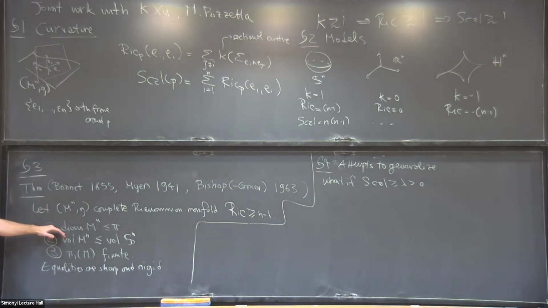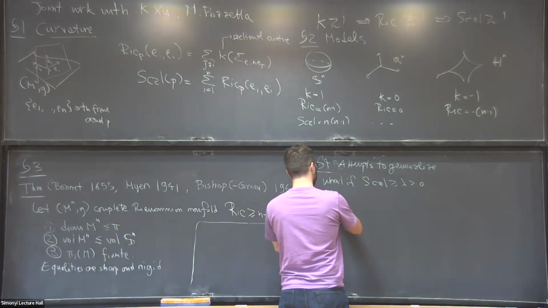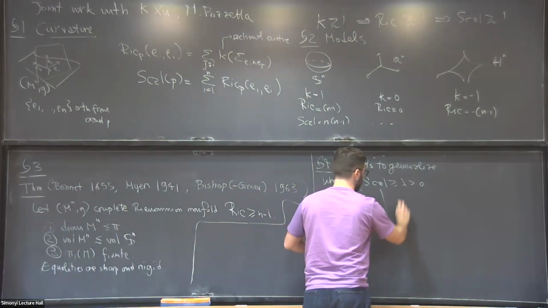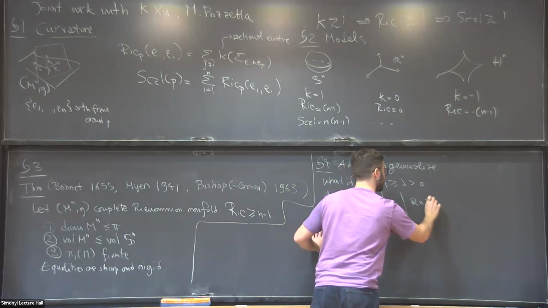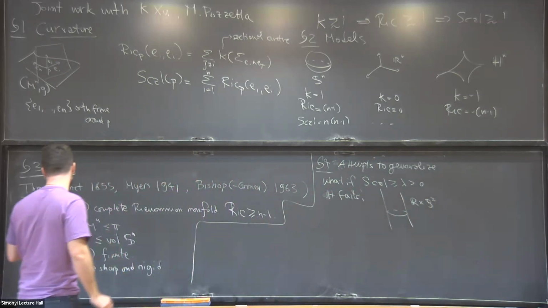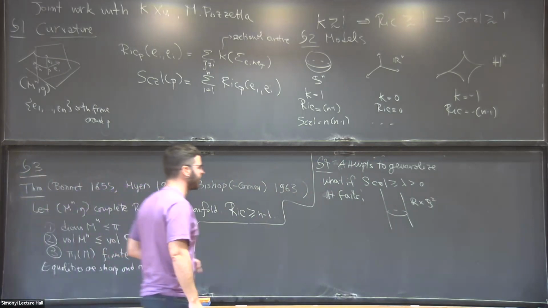You have an easy way to construct something that is non-compact but with uniformly positive scalar curvature. You can take R cross S2. This has uniformly positive scalar curvature, the diameter is unbounded and the volume is unbounded.